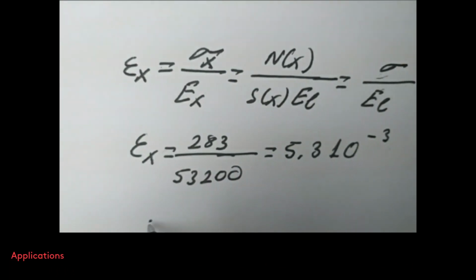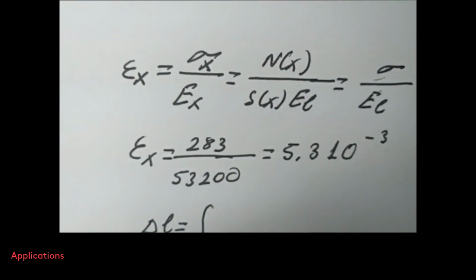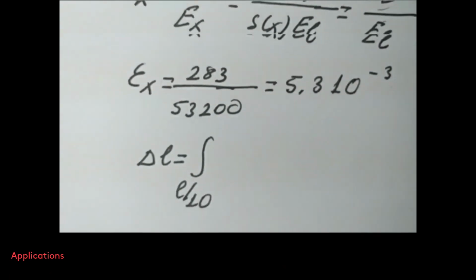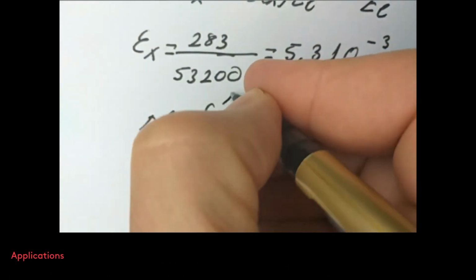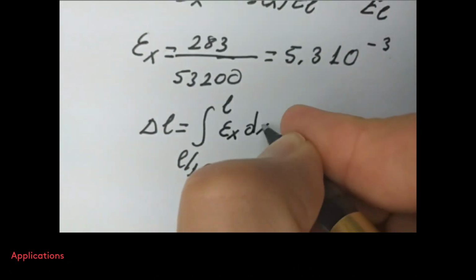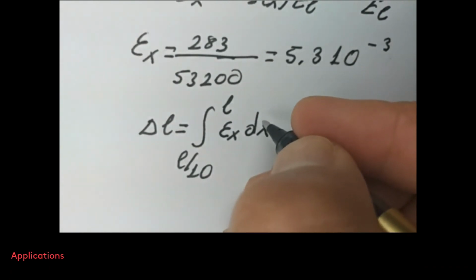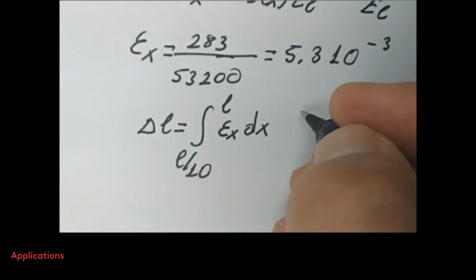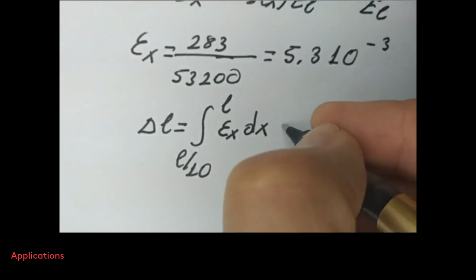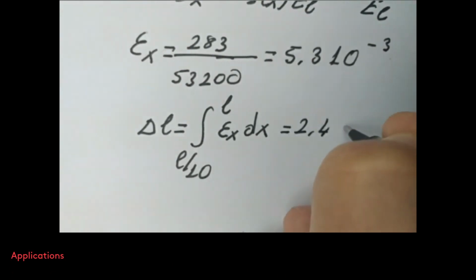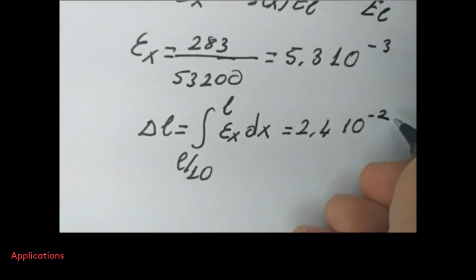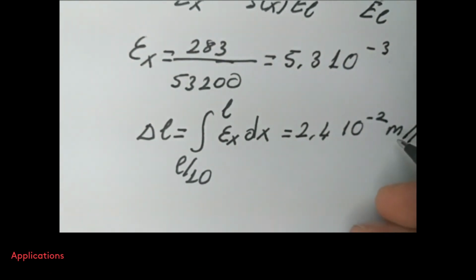In fact, delta L is then integration of the strain through the whole blade, so from here we can easily calculate the value. The value is 2.4 10 to the power minus 2 meters. So this is the total elongation of the blade.